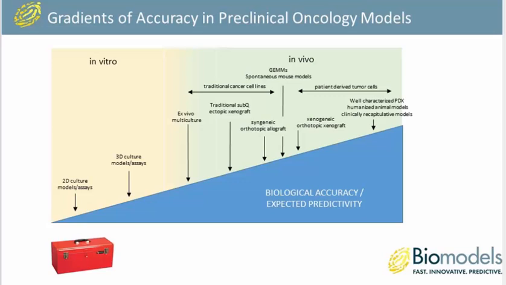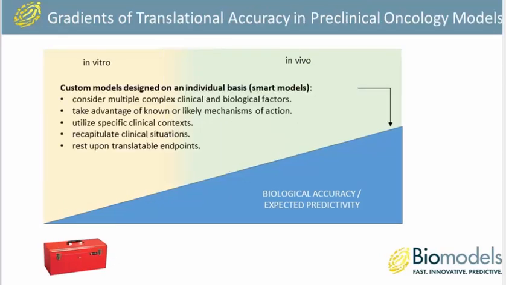So maybe at the very left of that, we might have some 2D culture models in a dish, which are very useful for some things, but are maybe not the most biologically accurate systems, all the way up the gradient to a really well-characterized PDX in a humanized animal that's really clinically recapitulative as much as possible.